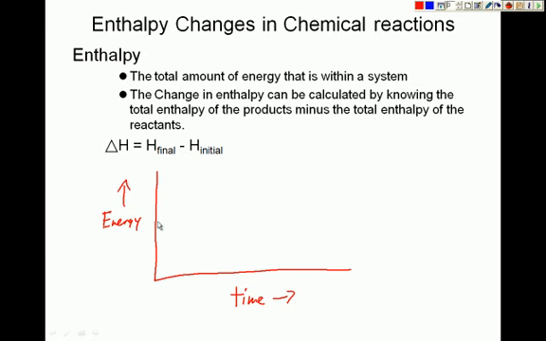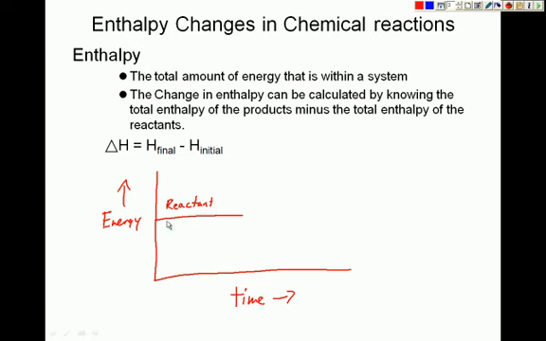If this side right here was the reactants, it has a certain amount of energy.